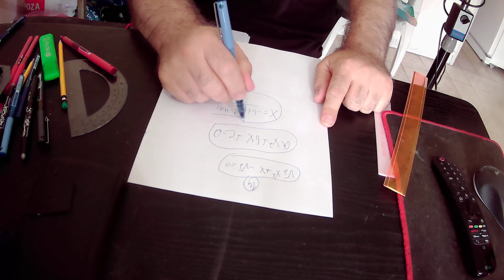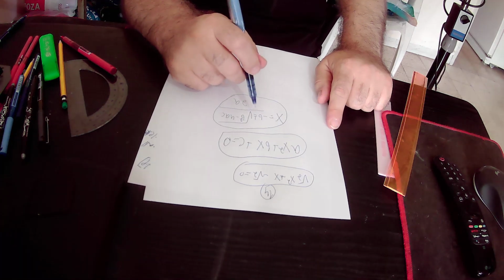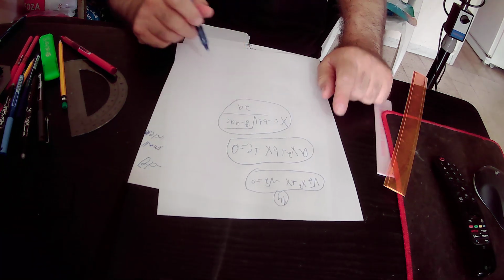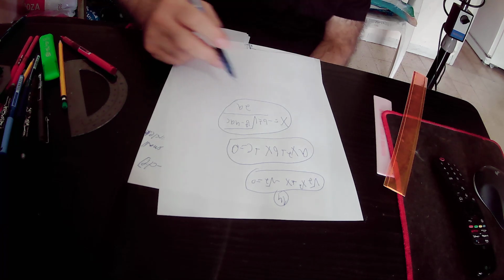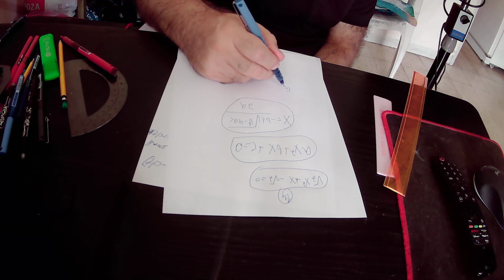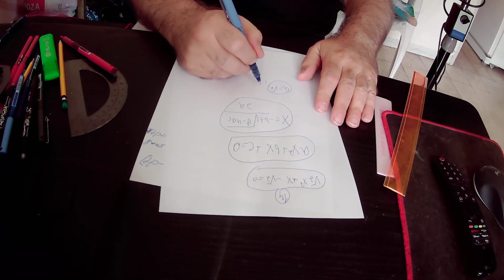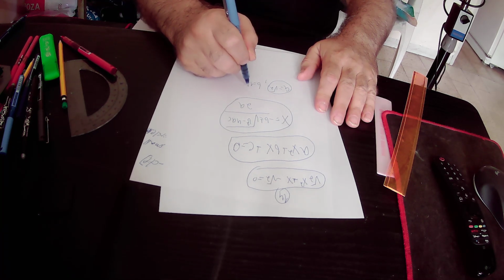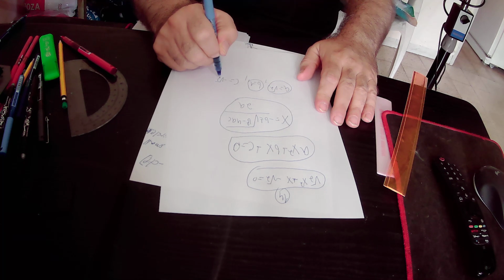So a, b, and c are the coefficients of the quadratic equation and x is the variable that we want to find out. So in our specific quadratic equation, we know that a equals root 2, b equals 1, and c equals minus root 2.